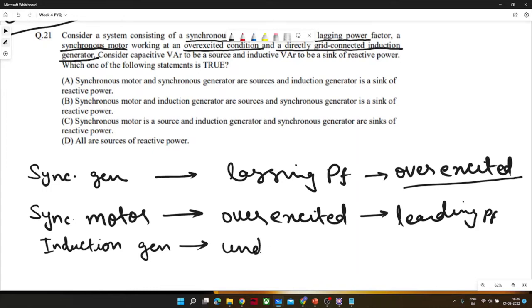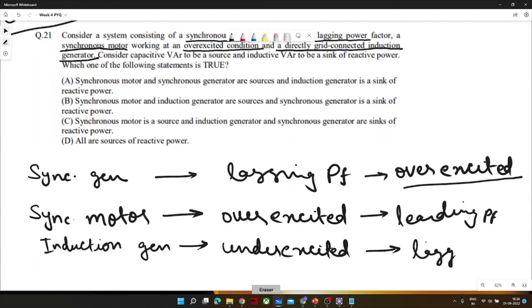So it would always be underexcited. It can give the other machine real power or active power, but it cannot give any reactive power. So that is the drawback of the induction generator.